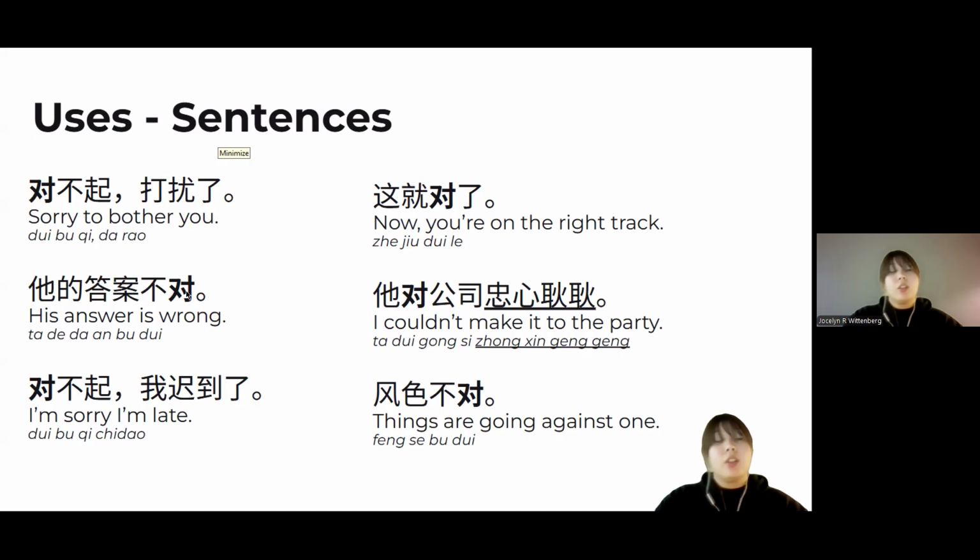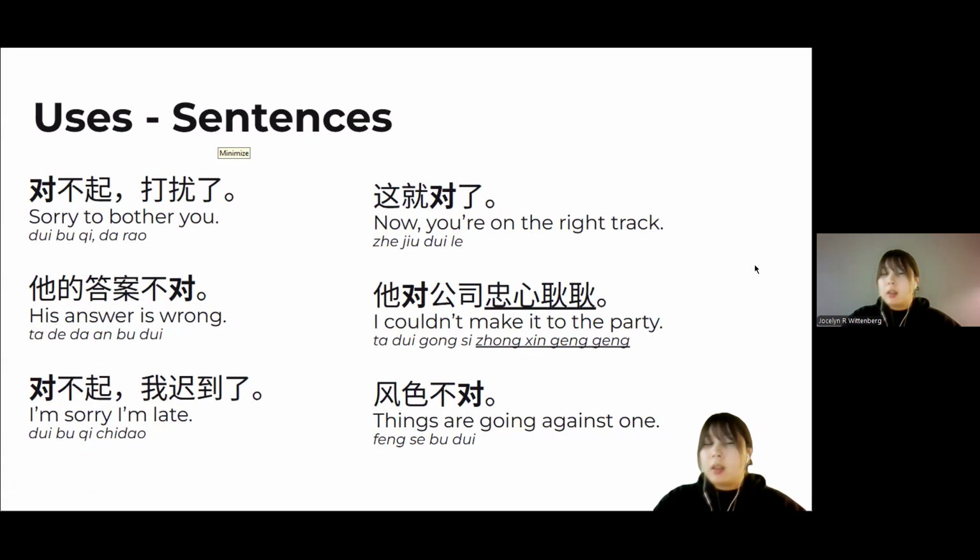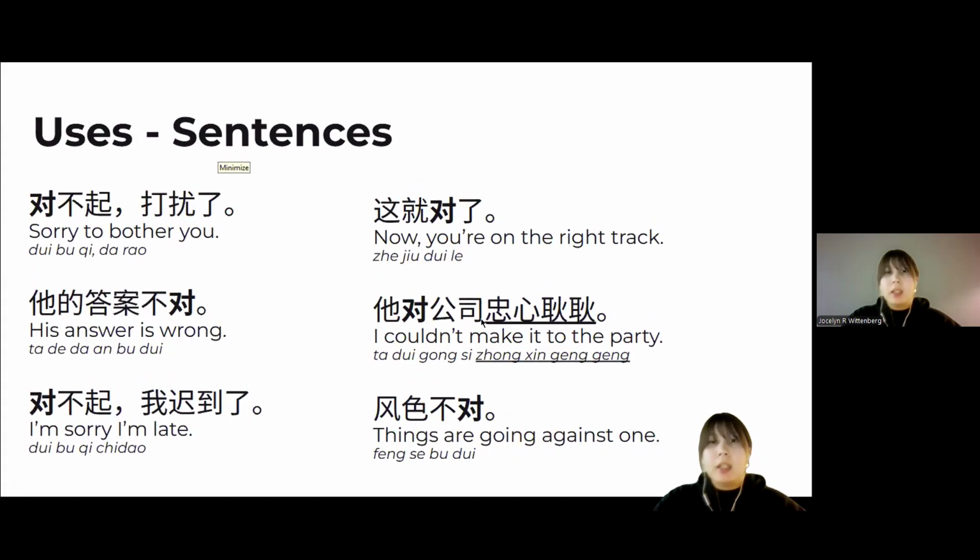As mentioned earlier, its meaning can also be correct in comparison to. This one also means I'm sorry, in a different context. And over on this side, we have an idiom, which pretty much means I couldn't make it to the party.